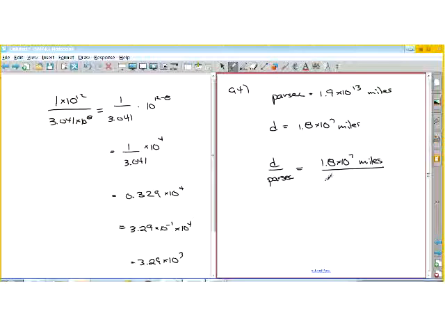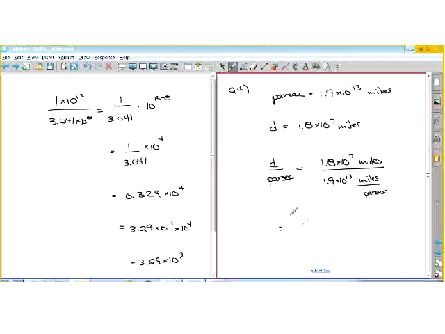And if I divide both sides by parsecs, I'll get 1.9 times 10 to the 13th miles per parsec. And what would happen is the units are going to cancel out, and the parsec will come to the numerator. So I'll get parsecs as the answer.